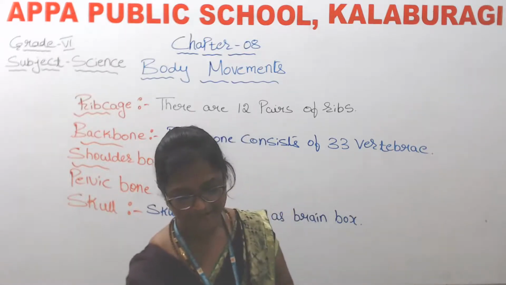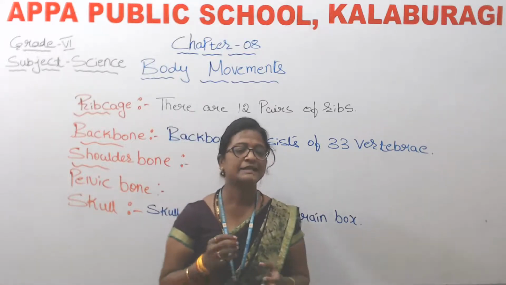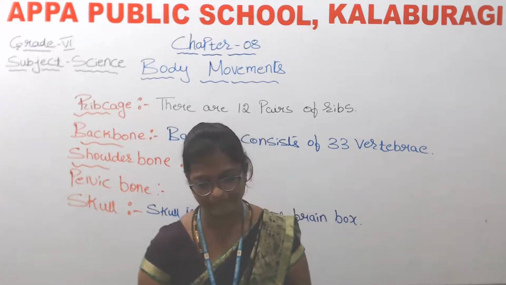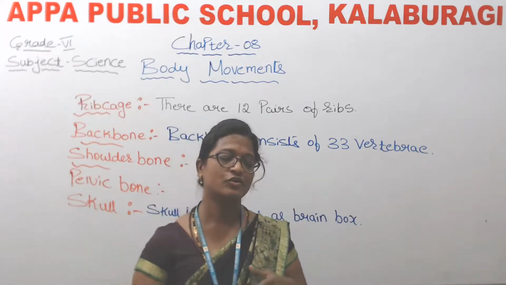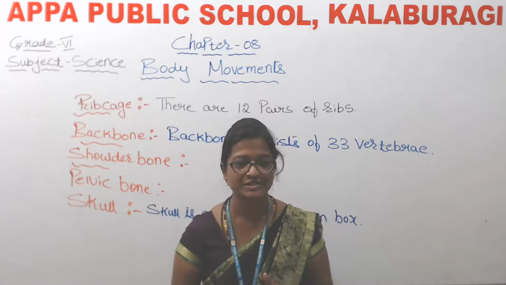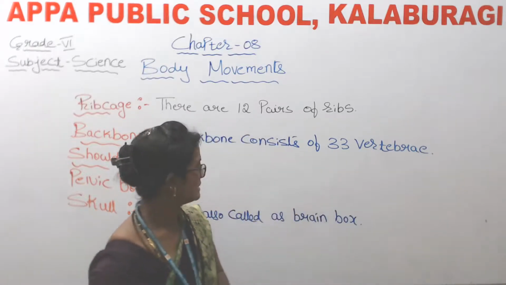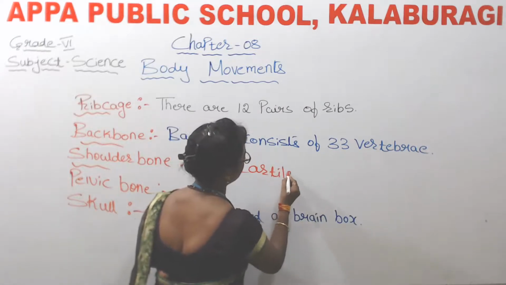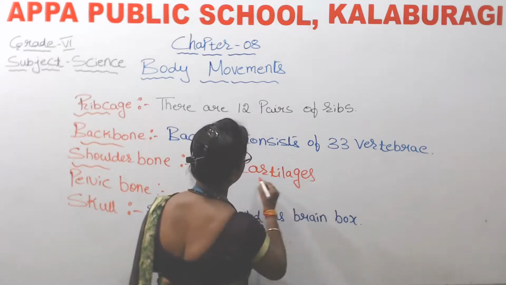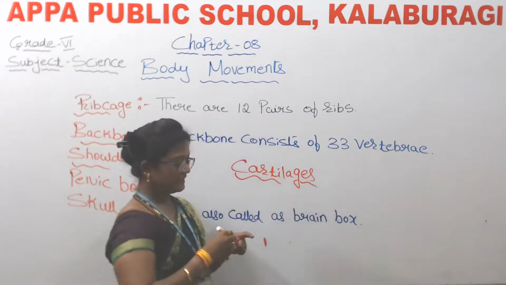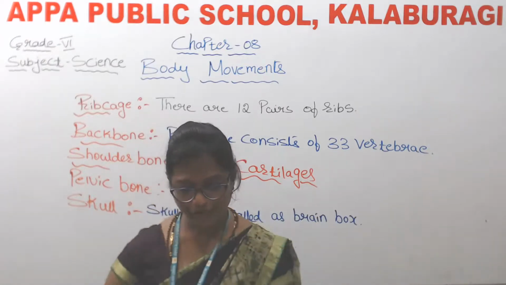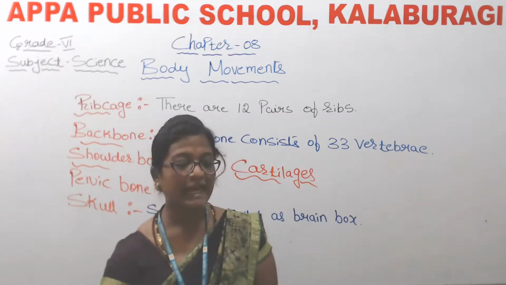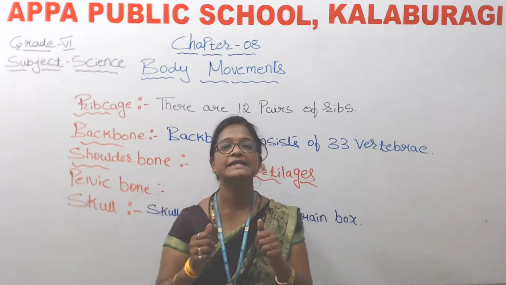Yes, children. There are some additional parts of our skeleton which are not as hard as bones. They are called cartilages, isn't it? They are not as hard as bones and can be bent easily.